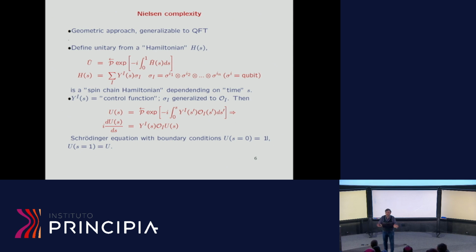So this is a generic notion, but in particular, Nielsen came up with an approach that is more geometric and easier to understand.